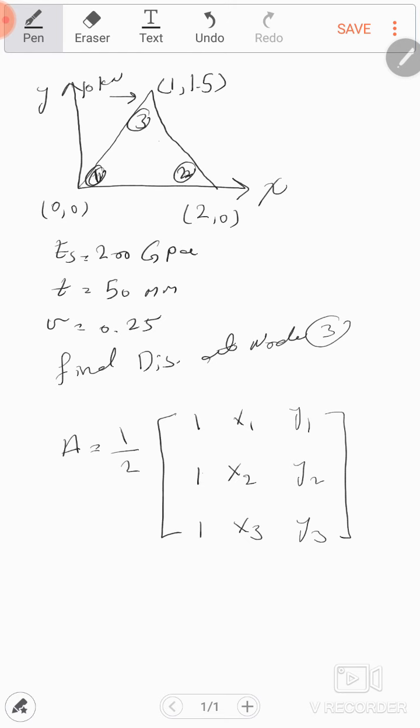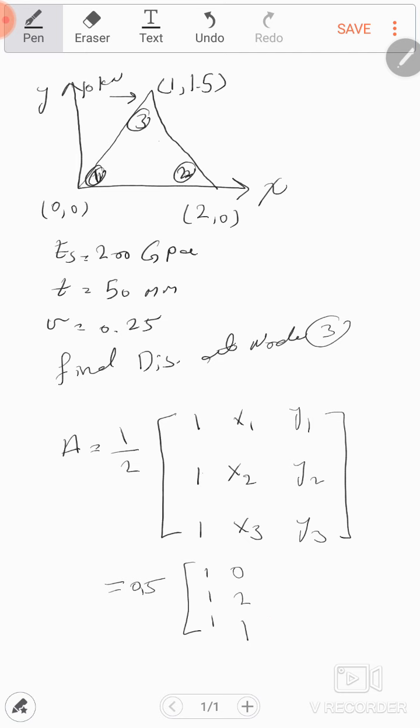So here we have x1 for node 1, x2 for node 2, x3 for node 3, and the same with the y direction. Let's substitute the values. Equal half of 1 1 1, x1 is 0, x2 is 2, x3 is 1.